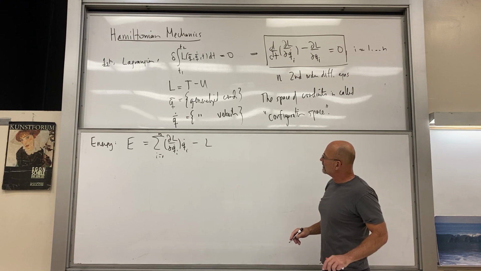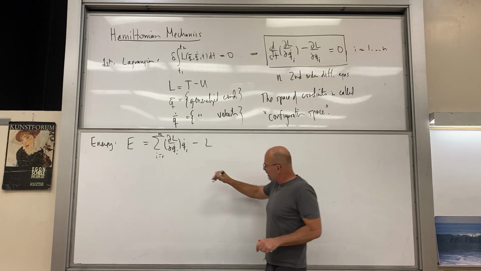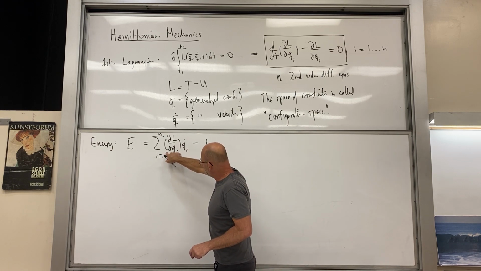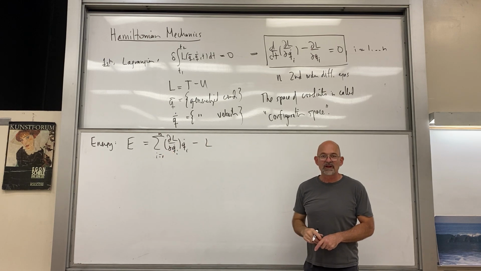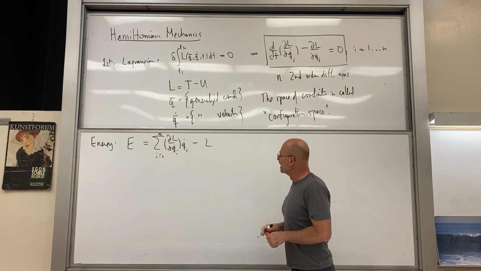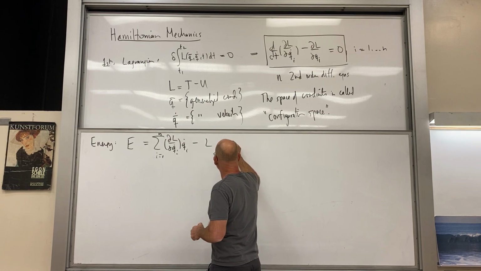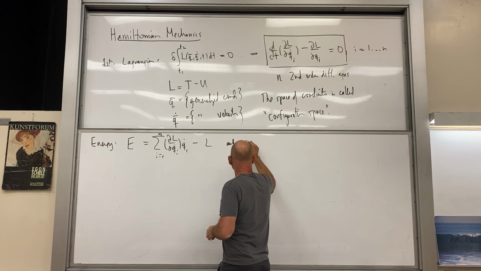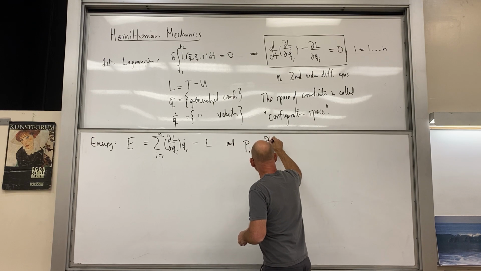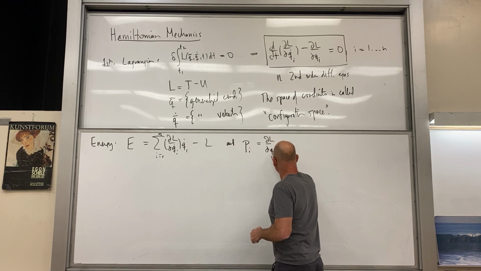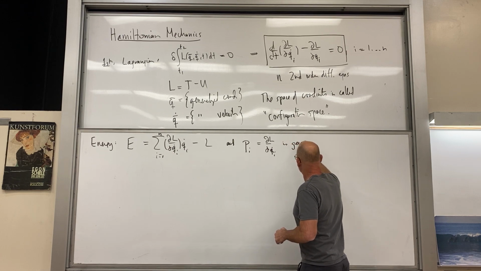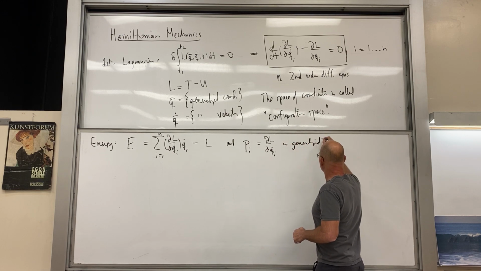And of course we have a very important point about this expression dL/dqi dot: that was the generalized momentum. P sub i equals dL/dqi dot, the generalized momentum.